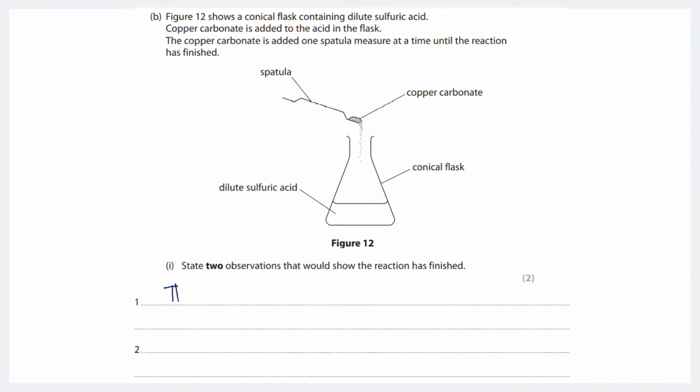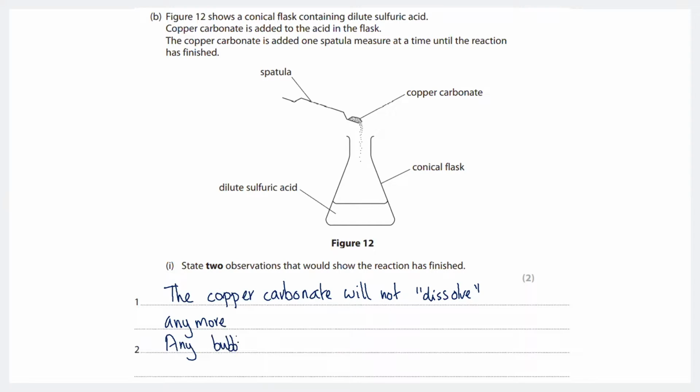So the copper carbonate will not dissolve anymore. So any bubbling, so effervescence, will stop being produced.